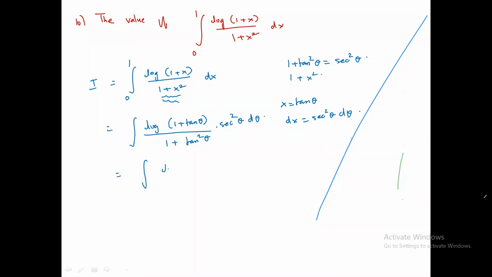But I can make some changes, because the denominator 1 plus tan square theta can be written as secant square theta. So that secant square theta cancels. And now you have to just find the integral of log of 1 plus tan theta d theta.